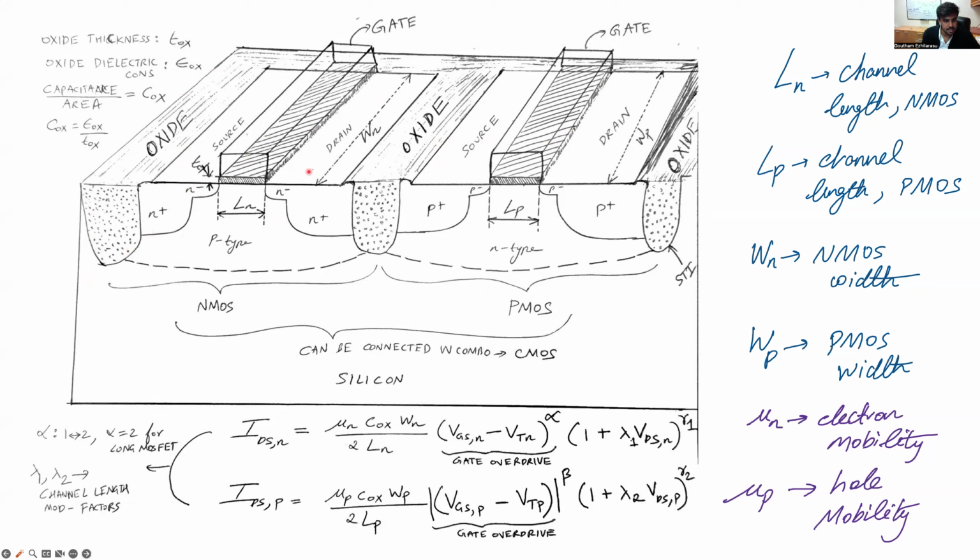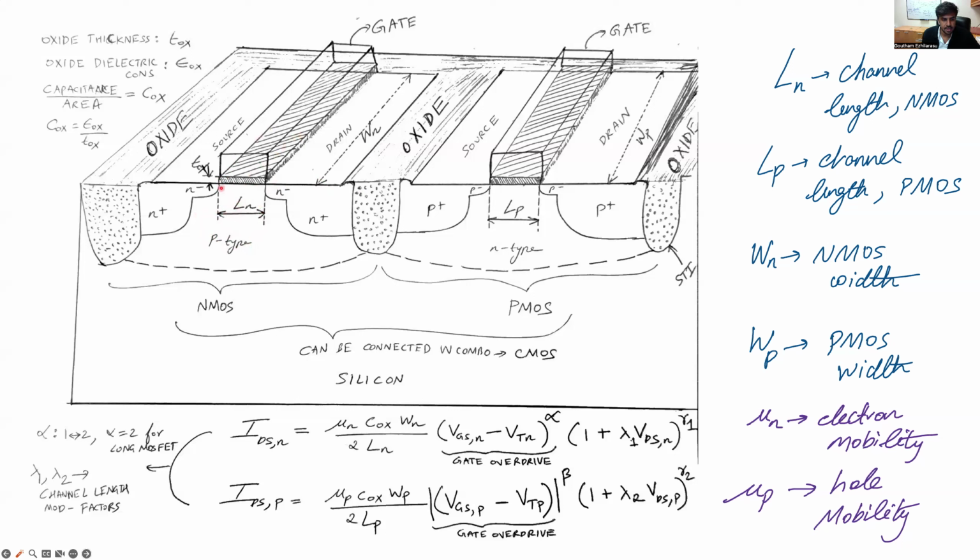Here you can see this would be an NMOS. It has N minus and N plus regions, as shown here, which act as the source and the drain. Between the two N regions, there is a P-type material, or P-type well, which acts as the body of this transistor.